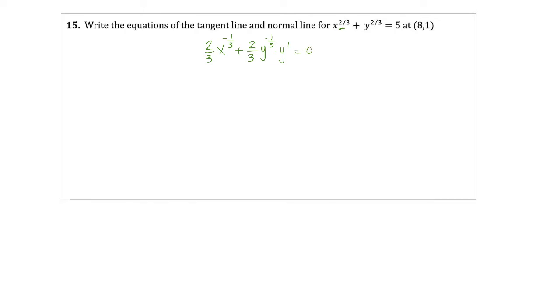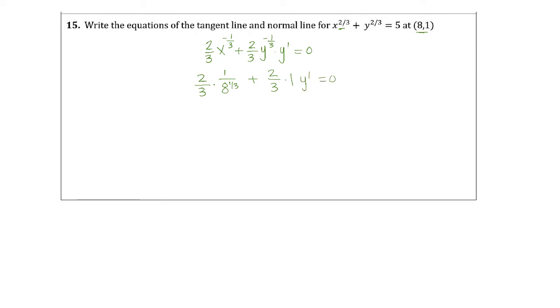And again, I would just substitute in our values. So we have 2/3. Now 8 to the negative 1/3, that's really going to be 1 over 8 to the positive 1/3, which is the cube root. And over here, 2/3 times, and again, that's going to be 1 to the negative 1/3, so that's still just 1. And then y prime equals 0.